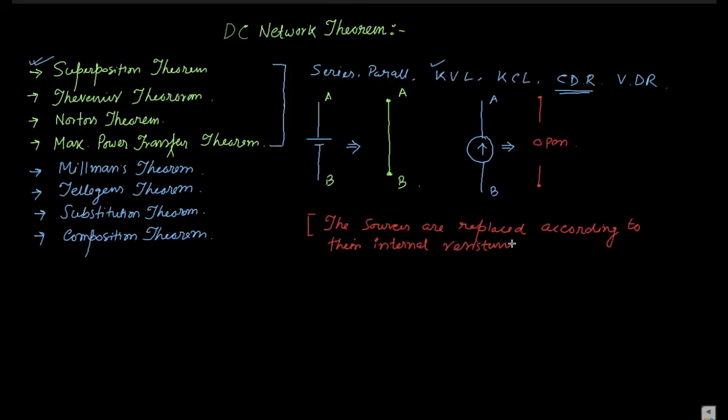Whatever the source is, depending upon the internal resistance, the source can be replaced. As the voltage source is replaced by a short circuit, it means that the resistance of a voltage source is nothing but 0.